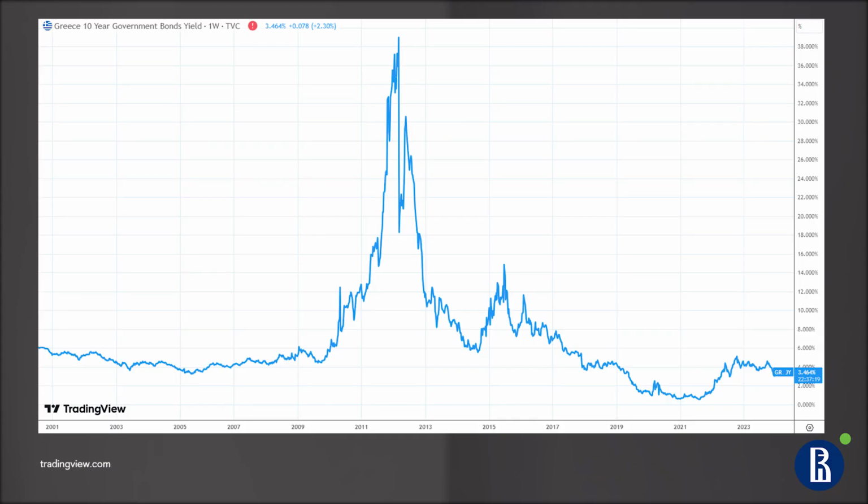And now we will try to answer the question: is it possible for a state to go bankrupt? We can see the case of the bankruptcy of Greece in 2011. What were the reasons for this bankruptcy? The weakening economy, the deficit of the budget, which reached 8% of GDP, but the government hid this for a long time.